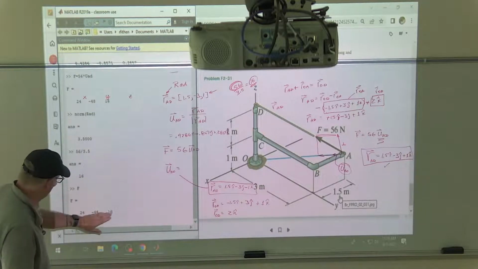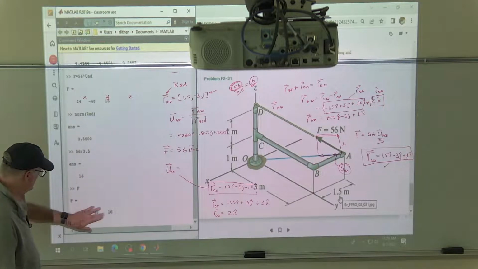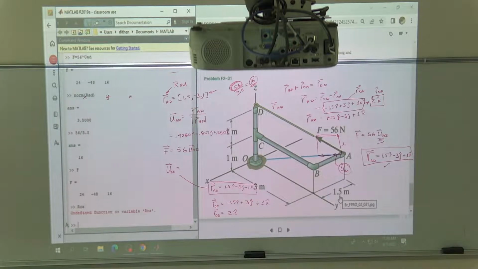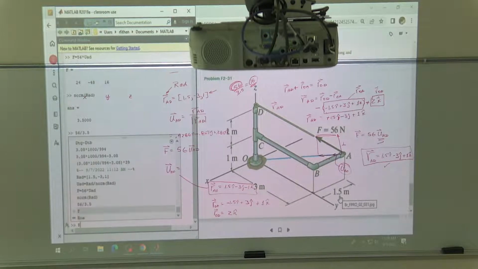We still have our F, and it's written in its three components. So let's do R, A to O. But we already had O to A, right? Did I not have O to A? I guess I never did.